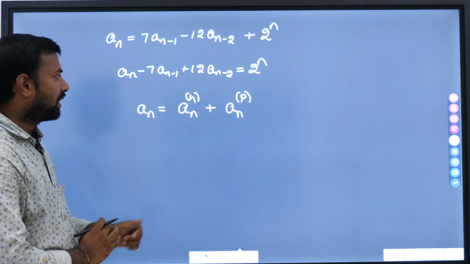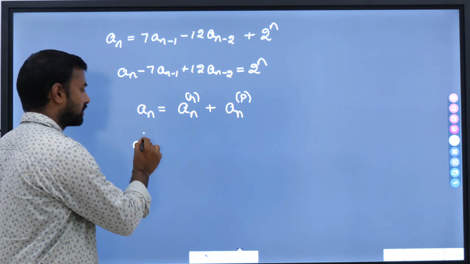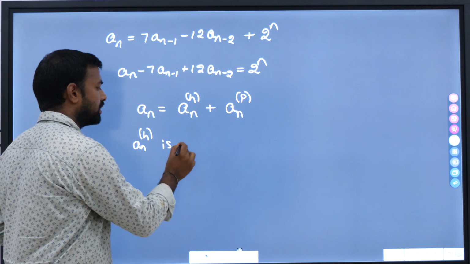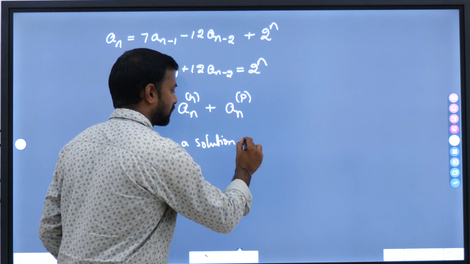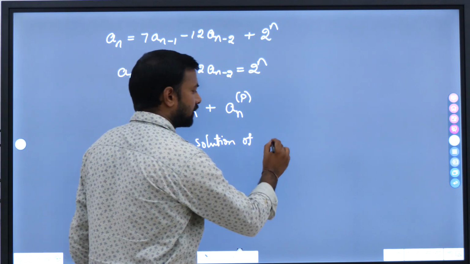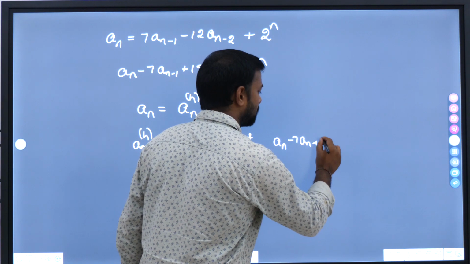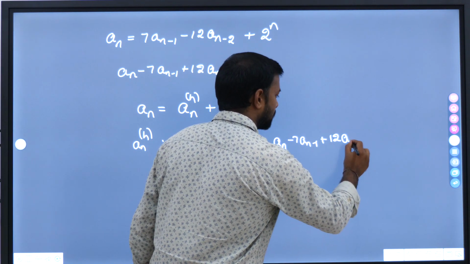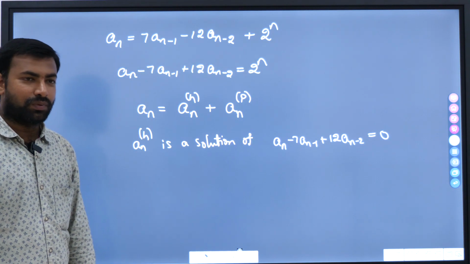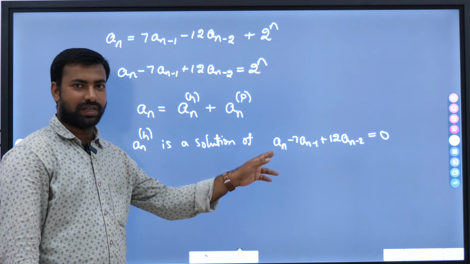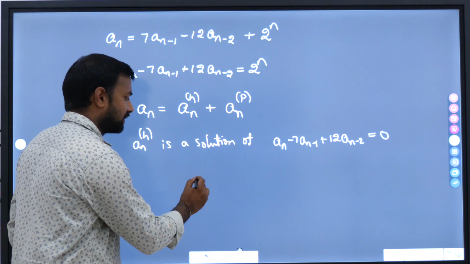Okay. This a_n^(h) is nothing but the solution of a_n minus 7 a_(n-1) plus 12 a_(n-2) equal to 0. So we solve this equation. If you want details, you can look at the previous lecture, right?